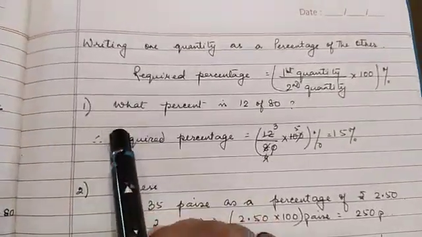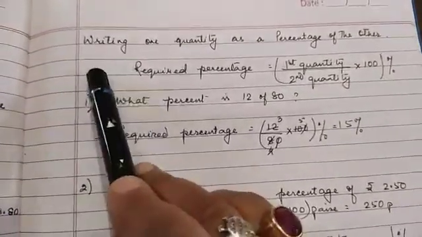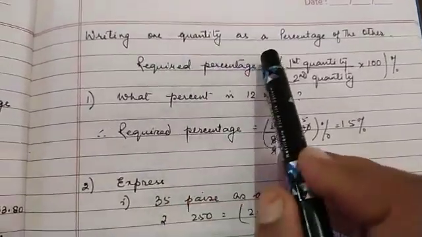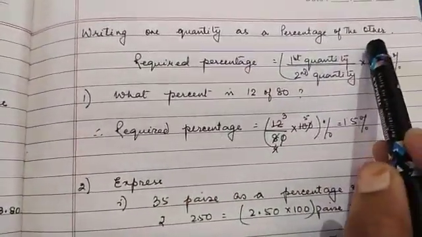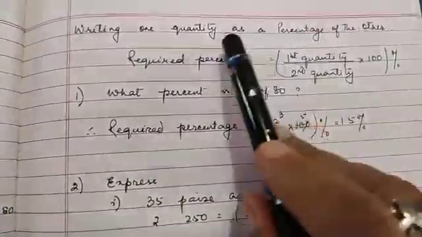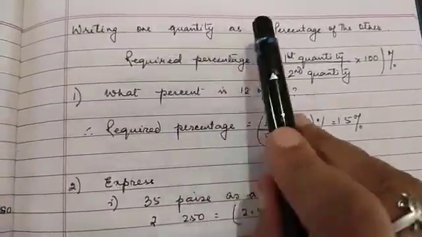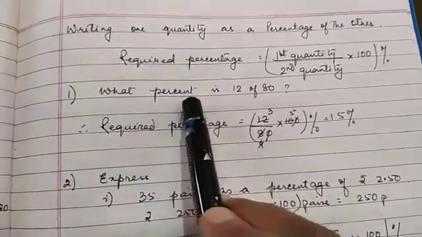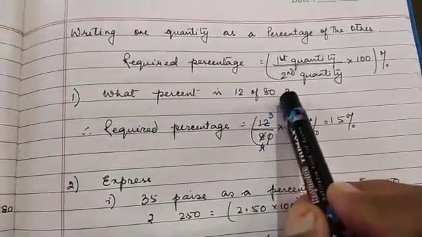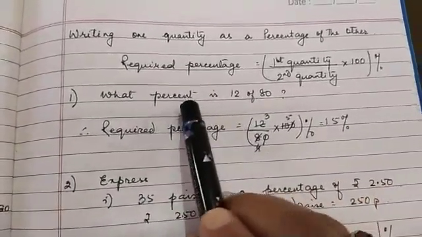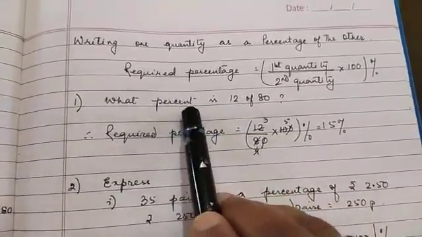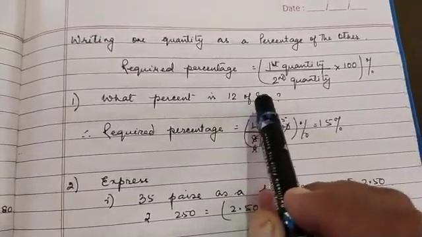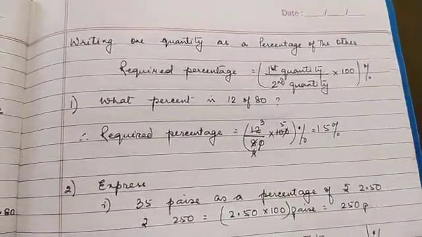Now coming to the next topic, writing one quantity as a percentage of the other. You have to here find out the percent. What percent is 12 of 80? Here what we are doing, we are finding out the percent that is 12 of 80.